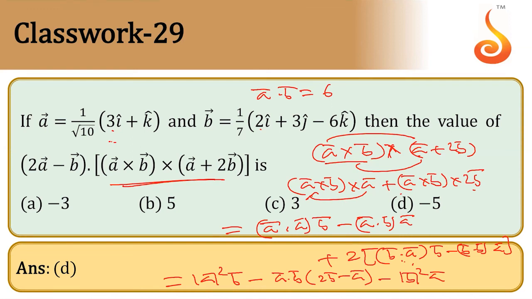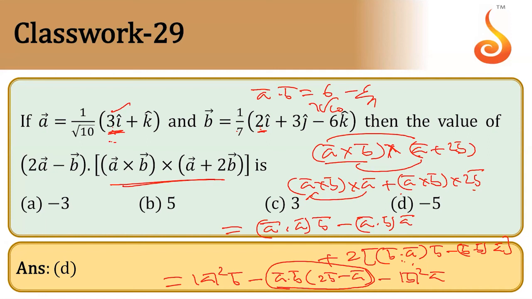Here A dot B is 6 by root 7 root 10 minus 6 by 7, that is 0, because A dot B is 0 and the entire thing becomes 0.